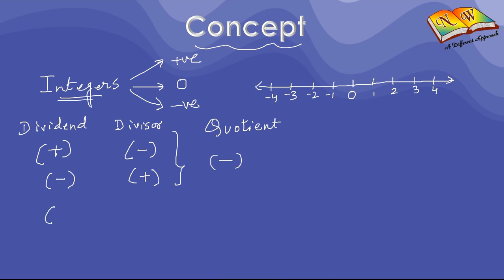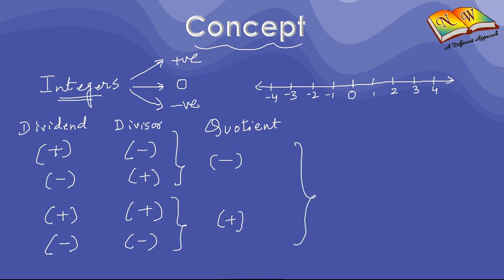Whereas if both of them are positive, then obviously we are going to get a positive quotient, but if both of them are negative, still we are going to get a positive quotient. And these rules are used to divide different integers.